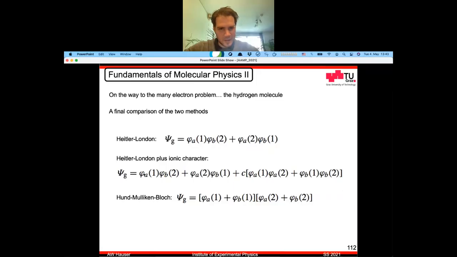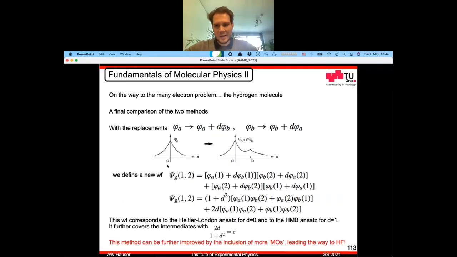And this Heitler-London plus ionic and Hund-Mulliken-Bloch, if you multiply this out, you can see that this is going into each other. It's basically giving you the same result depending on what you choose for the coefficient C in this linear combination of neutral and ionic character. And this slide 113 should illustrate this a little bit and show that these two approaches meet each other for the hydrogen dimer, for the hydrogen molecule.